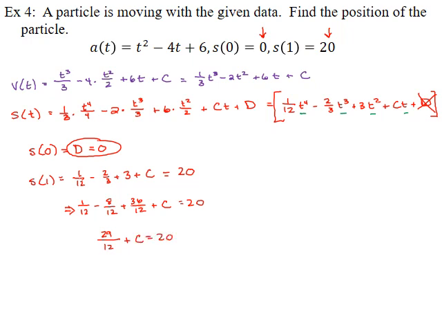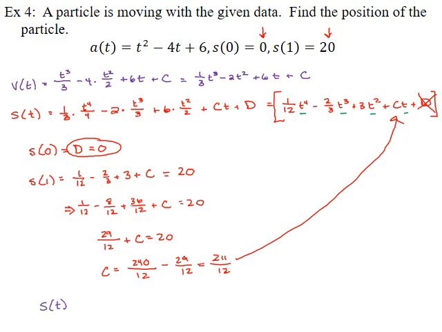And subtracting that over, you should say that c is equal to 240 over 12 minus 29/12, which is equal to 211 over 12. That's going to get plugged in for c, and you can now write your final answer.